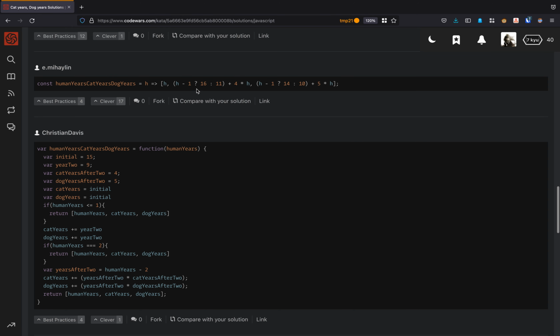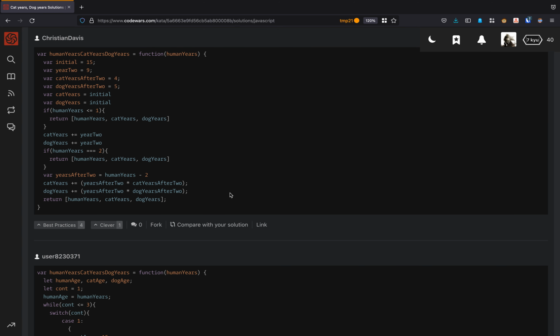Oh, and then we have, well, this is basically the same, but with some code golfing with one character variable names, which is always a bit awkward to read afterwards.